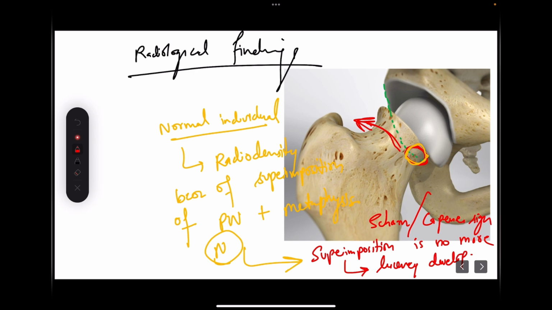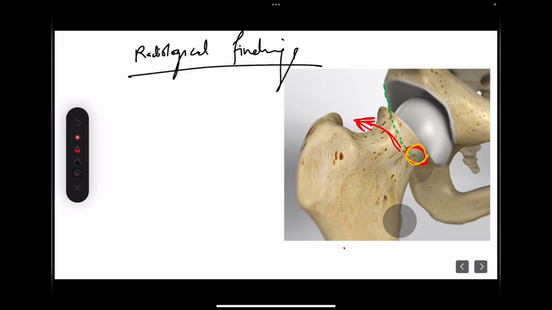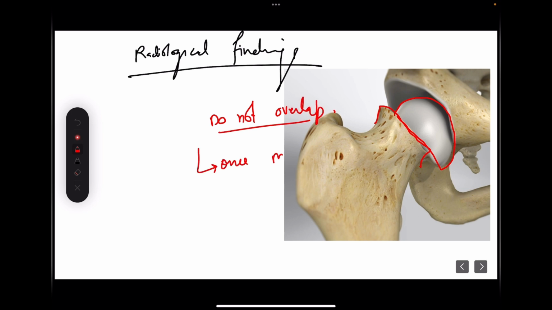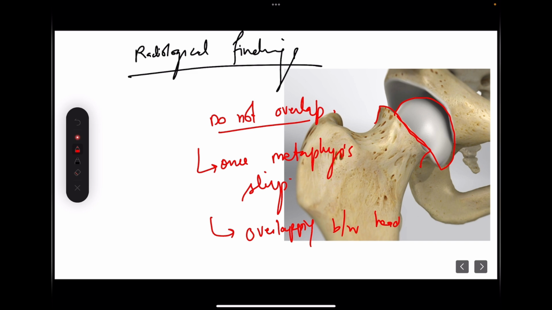How does it look? We will be seeing in further slides. Apart from this sign, we do have one more sign. In normal individuals, metaphysis and epiphysis do not overlap. But once the metaphysis slips, there could be overlapping between head and metaphysis.